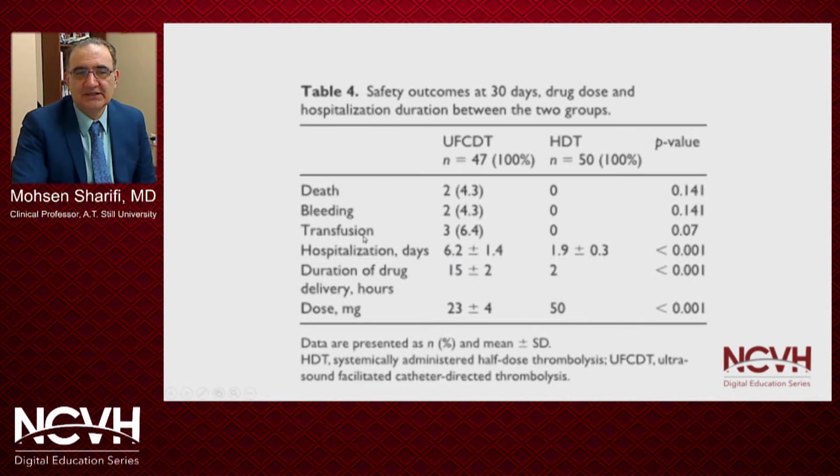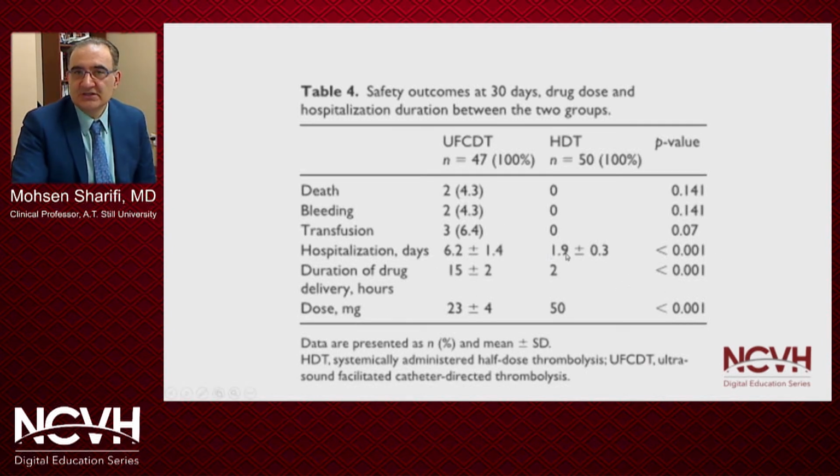As far as death, bleeding, transfusion, there was no significant difference, although death was more seen in the ultrasound-facilitated group because of the complications associated inherently with the procedure. In one of them, unfortunately, the patient was discharged home, didn't realize he's bleeding. By the time he came back to the ER, he couldn't be revived and unfortunately passed. But statistically, there is no difference.